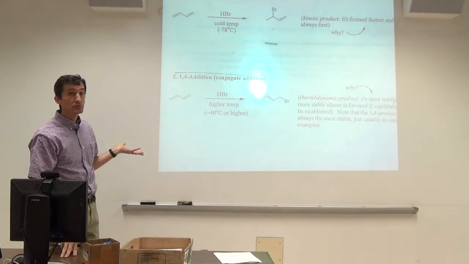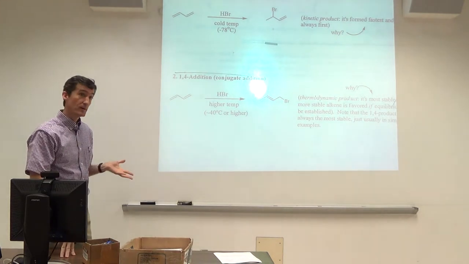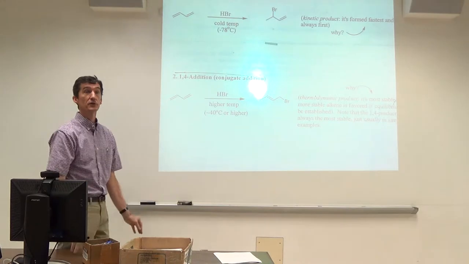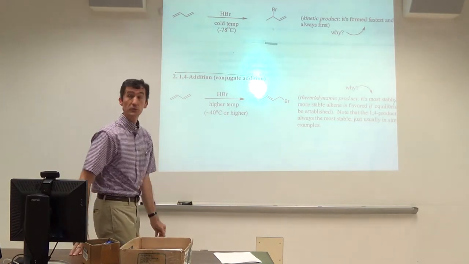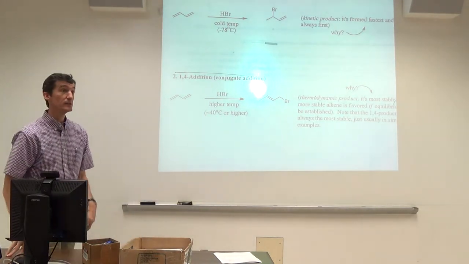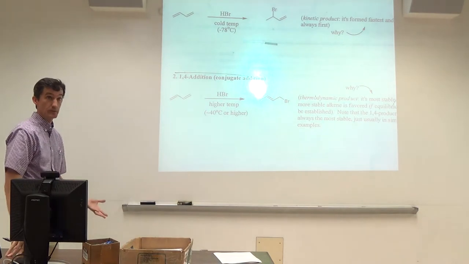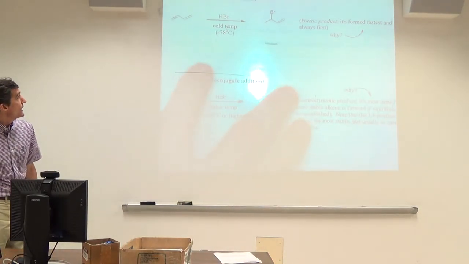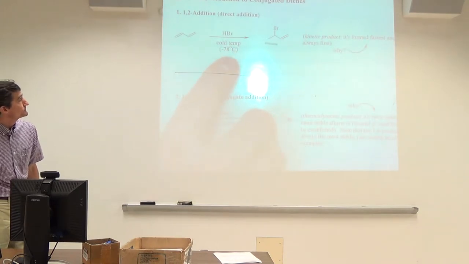That's why reactions are often done at minus 78, not because that's a great temperature, but because that's what you get with dry ice and acetone. It's like doing a reaction at 0 degrees: that's what you get when you put wet ice in water. So that's dry ice acetone temperature.